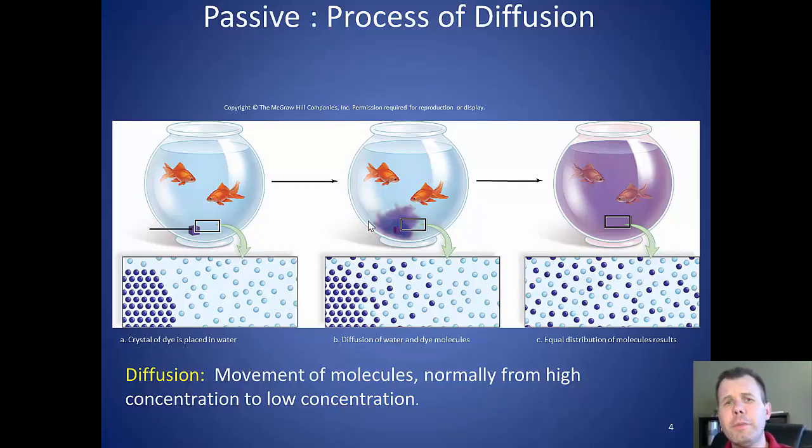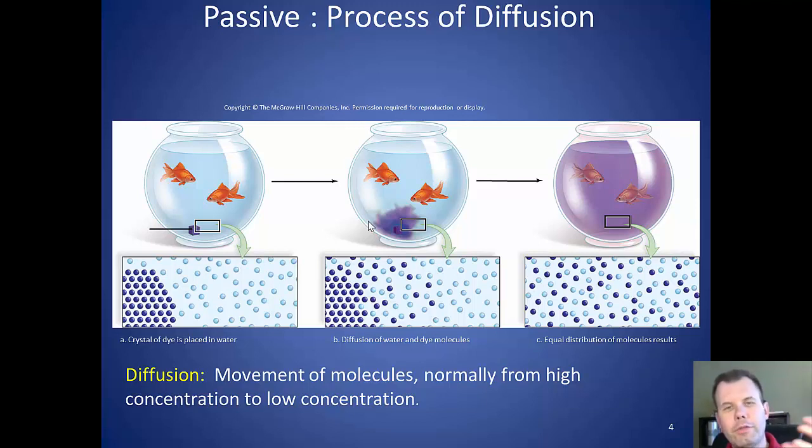So the first type of movement, and again, if the molecule is small or doesn't have a charge, it can easily move across that membrane. And that is called diffusion. Diffusion is the movement of molecules. And what we always associate in biology is that everything wants to be equal.